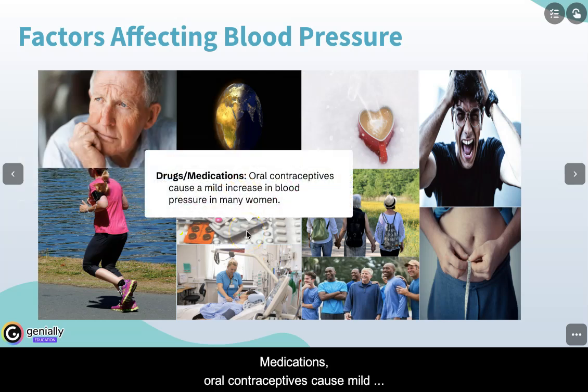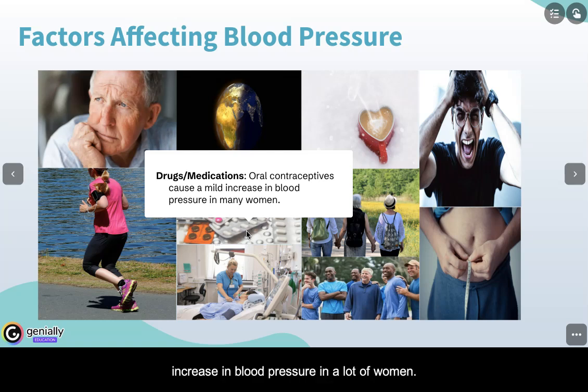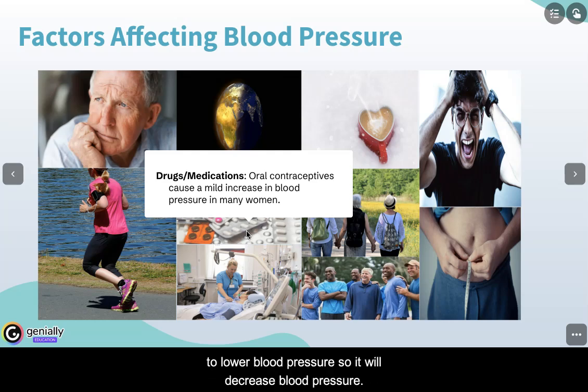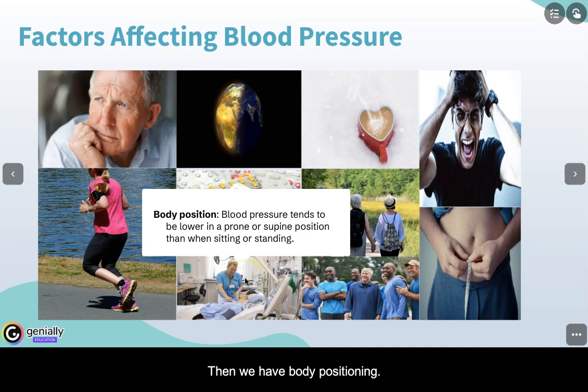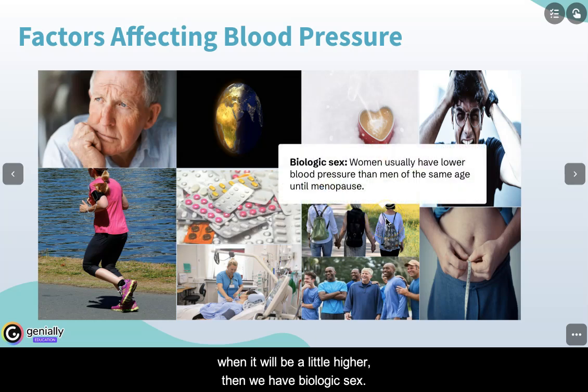Medications. Oral contraceptives cause a mild increase in blood pressure in a lot of women. That's one example. Some medications are given to lower blood pressure, so they will decrease blood pressure. Then we have body positioning. Blood pressure tends to be lower when you're lying flat in a prone or supine position, but when sitting or standing, it will be a little higher. Then we have biologic sex.